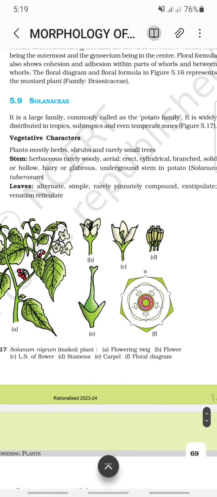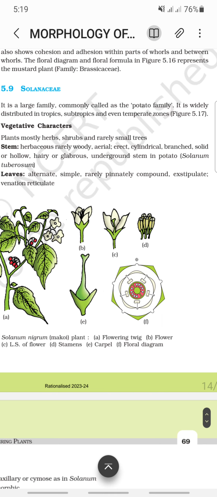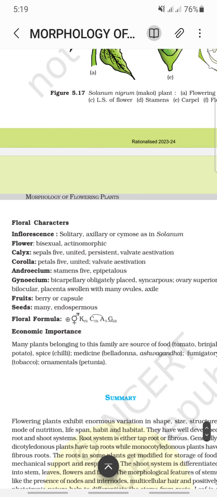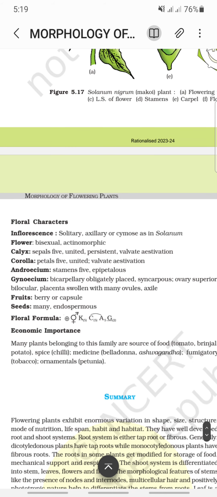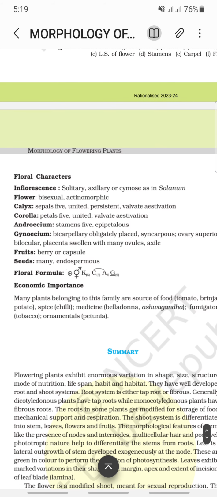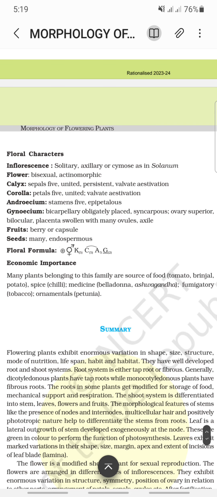Leaves alternate, simple, rarely pinnately compound, exstipulate, venation reticulate. Floral characters: inflorescence solitary, axillary or cymose as in Solanum. Flower bisexual, actinomorphic. Calyx: sepals 5, united, persistent, valvate aestivation. Corolla: petals 5, united, valvate aestivation.